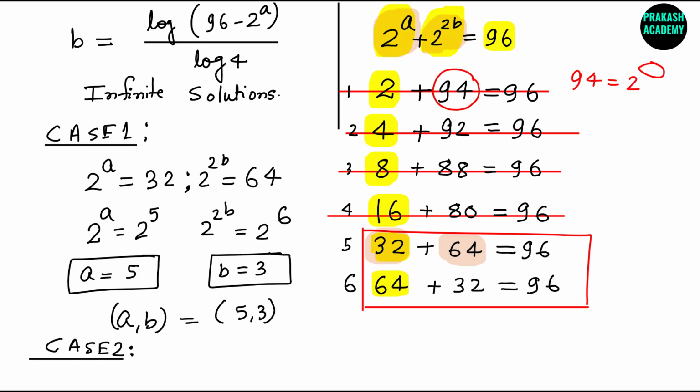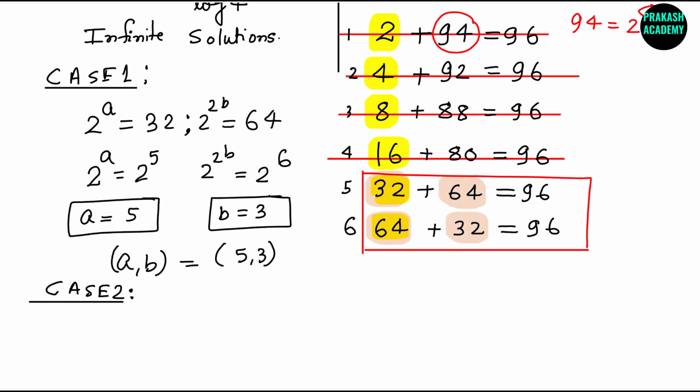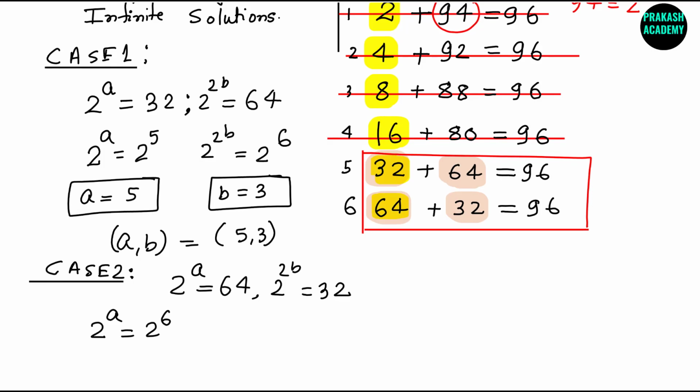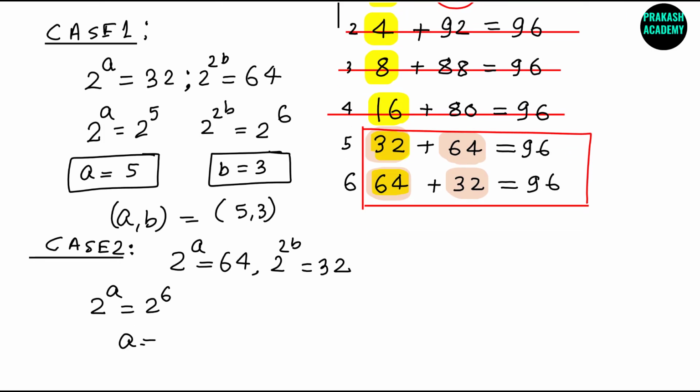Now let us say case 2. What we have in case 2 is this situation: 2 raised to the power a is equal to 64 and 2 raised to the power 2b is equal to 32. So 2 raised to the power 6 is 64, so a is equal to 6.